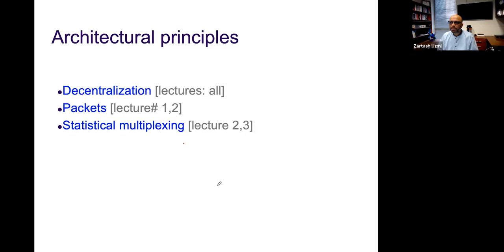Your WhatsApp call is free, and if you call over a telephone network, that is not free, and it has actually become much cheaper now. 20 years ago, it used to be probably 10 times, 50 times more expensive. And the reason we have internet access so inexpensive is because of this guy, statistical multiplexing.